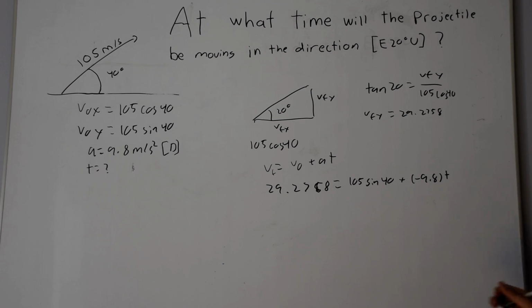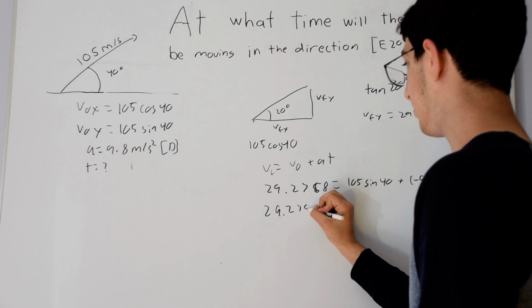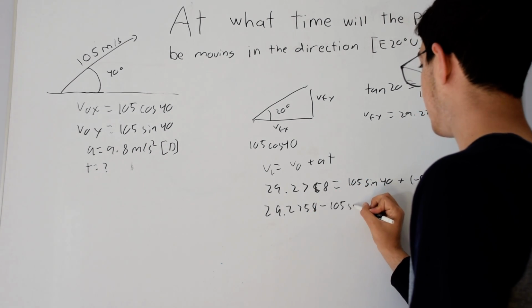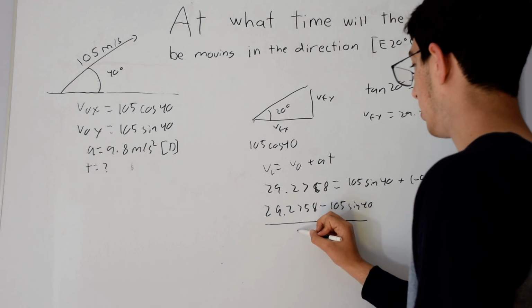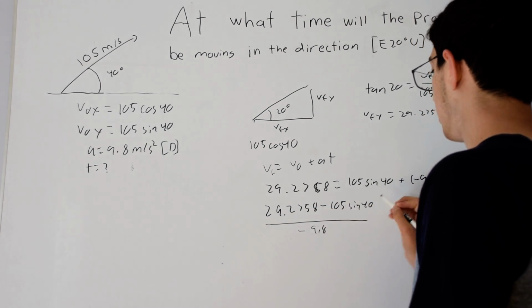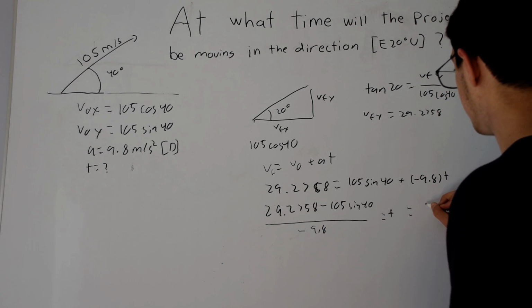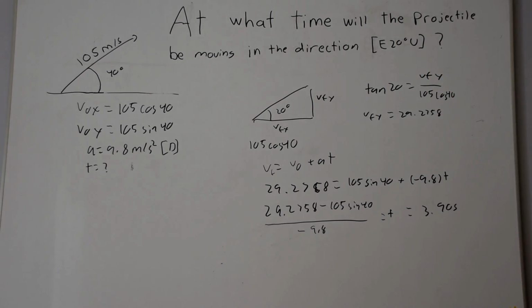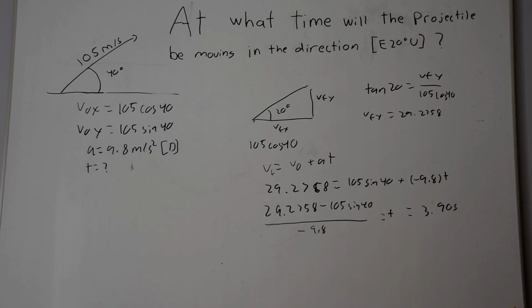So we can solve for time: 29.2758 minus 105 sine 40, over negative 9.8, equals time, which you can solve, and it equals 3.90 seconds. So that's it. 3.90 seconds after you launch the ball, it's going to be in the direction east 20 degrees upwards.